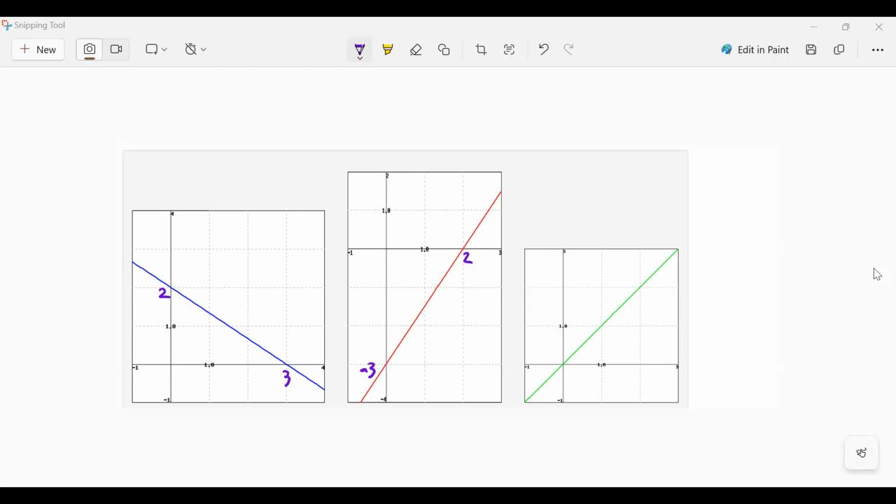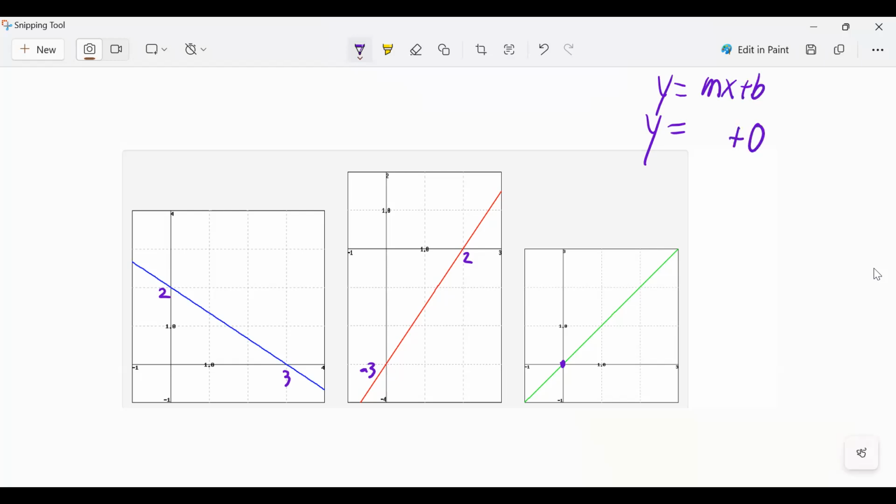Okay, let's go over the solution here. So first of all, let's work on the green line, right? The green line passes through the origin. This means there's no y-intercept, right? And also we're gonna find the slope. So y equals mx plus b, and here b is 0.